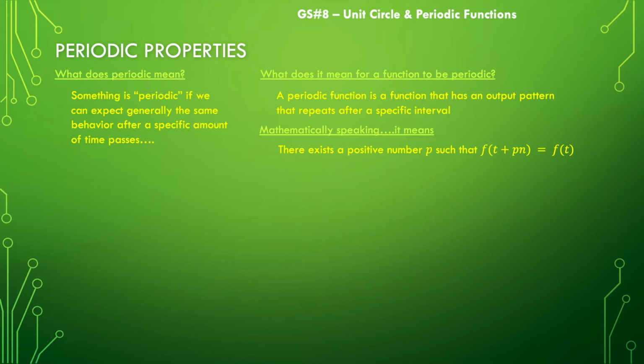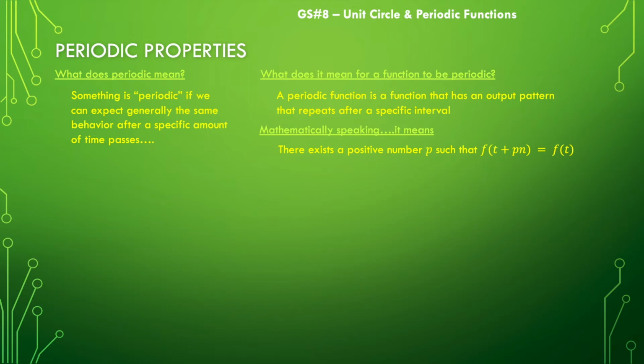So for example, if we knew that the period of a function was 2, that means we would see the same behavior after every 2 units. Well, every 2 units means after 2 units, or 2 times 2 is after 4 units, or 2 times 3 is after 6 units. So f of t would be the same as f of t plus 2, or t plus 4, or t plus 6. They would all be exactly the same value because it would just repeat as a cycle.